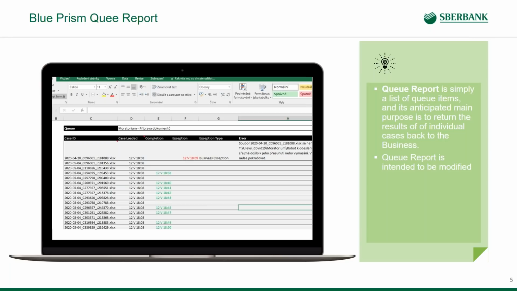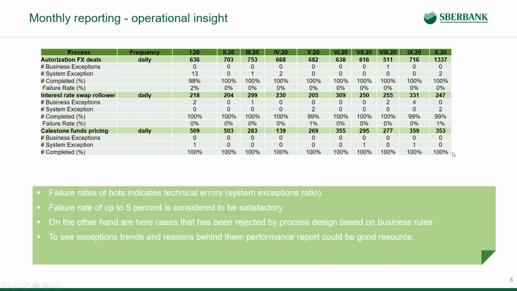What I want to show you next is how the data from the queue report and from the performance report can be used to make your own reports. We use data from performance reports for creating operational monthly reporting, as you see on screen.